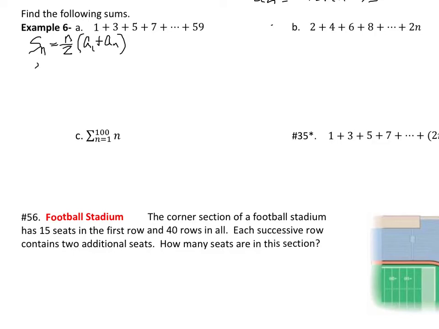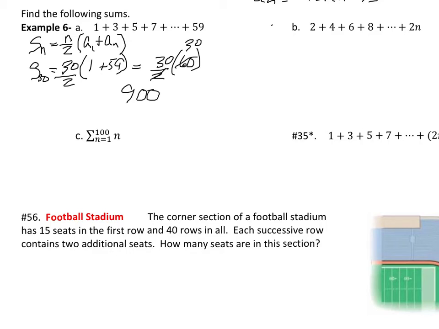So we want the sum of the first 30 terms. Well, now it's easy, right? That gives us 30 over 2 times the first term plus the last term, so 30 over 2 times 60. Well, half of 60 is 30, and 30 squared is 900.